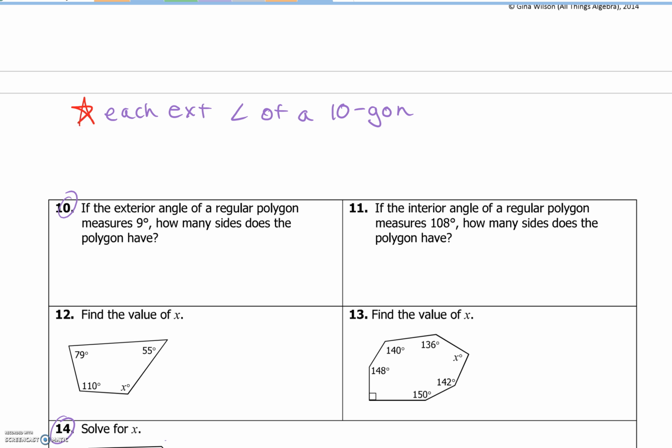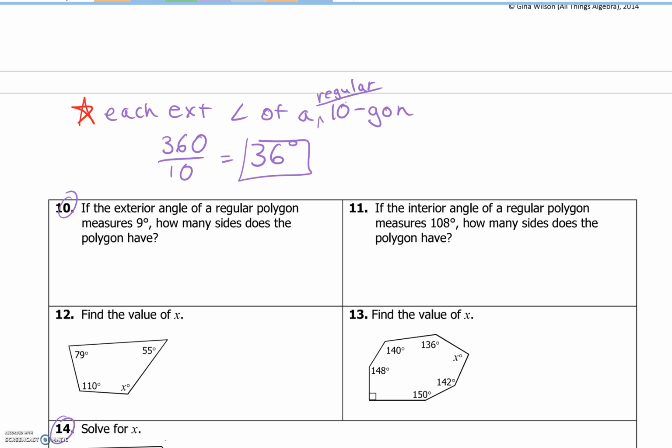So if I wanted to find each exterior angle of a 10-sided figure, well, I know that the sum of all of the exterior angles is always 360 degrees. And if I divide that by the 10 sides, that means each exterior angle of a regular polygon is 36 degrees. So in order to complete this, I really would need to know that it is a regular polygon.